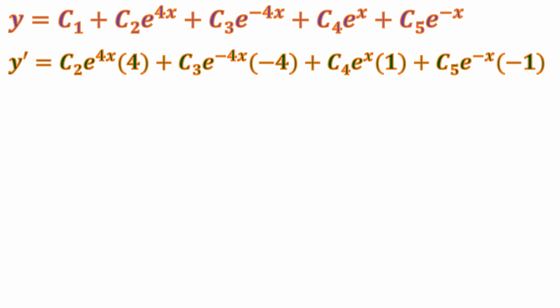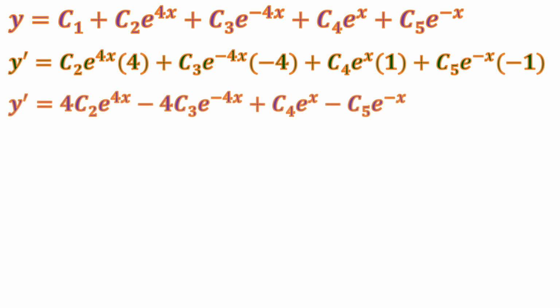Then c4 e raised to the x, the derivative is just itself times the derivative of x, which is 1. Then c5 e raised to the negative x is just itself times the derivative of negative x, which is negative 1. So we're going to arrange it, putting the constants beside the constants. So 4c2, negative 4c3, and 1 times c4 is just c4, so you don't need to put 1. The same as the negative 1, but we're going to change the plus into minus because it's negative.